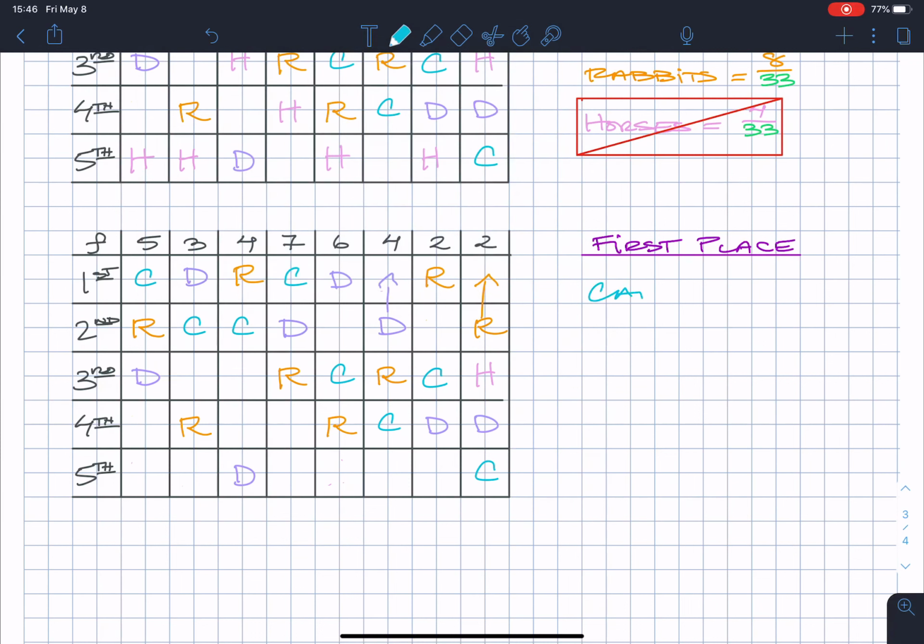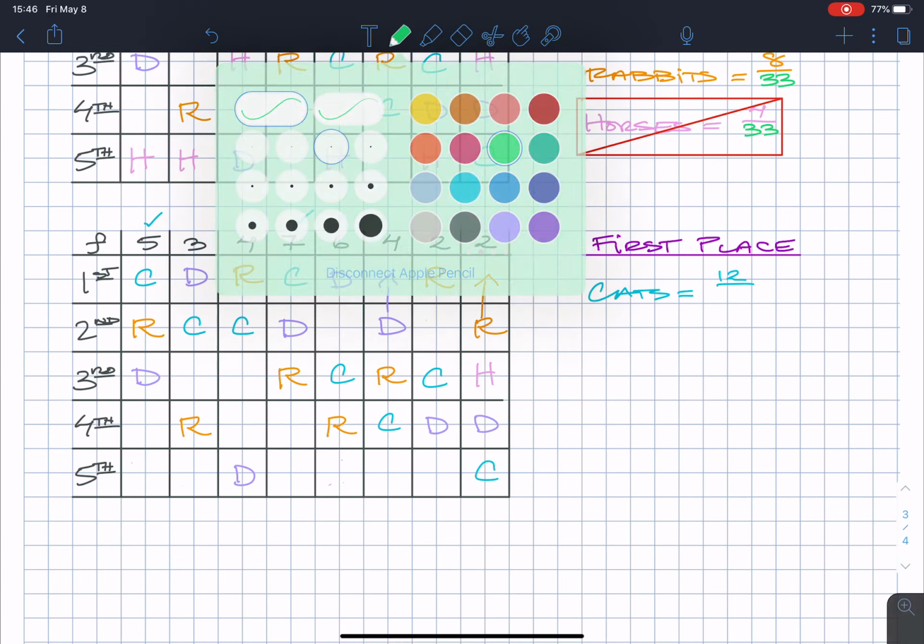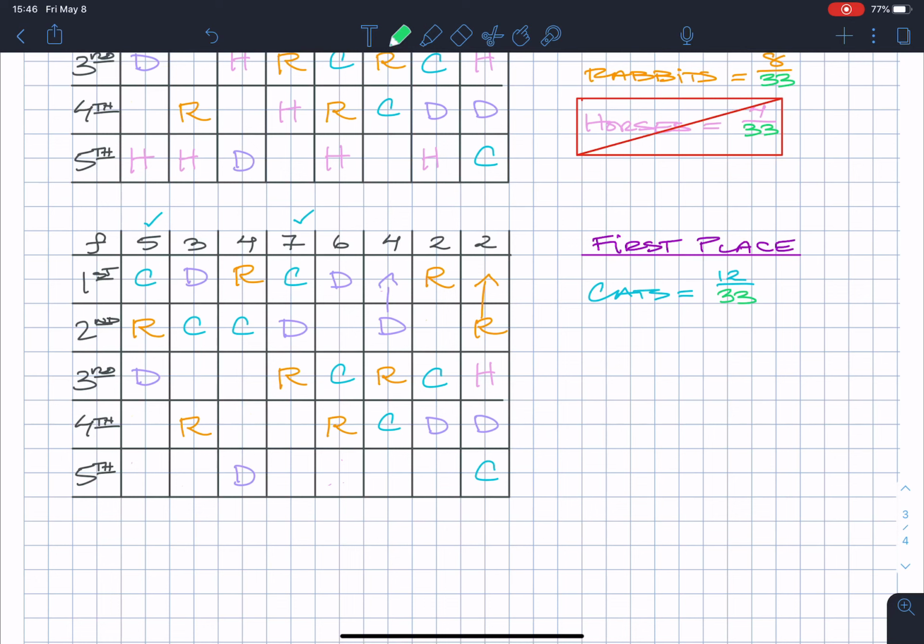So cats is still 5 plus 7 is 12 out of 33. Then moving on to dogs is 3 plus 6 is 9 plus 4 is now 13. So dogs have increased. So dogs is now 13 out of 33.